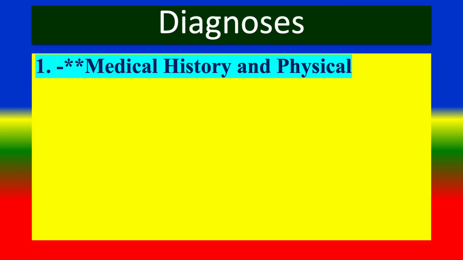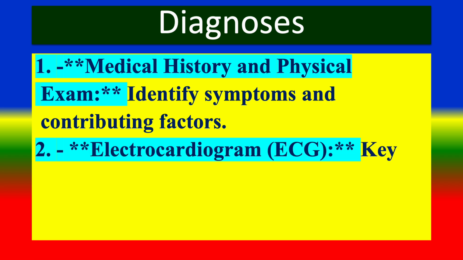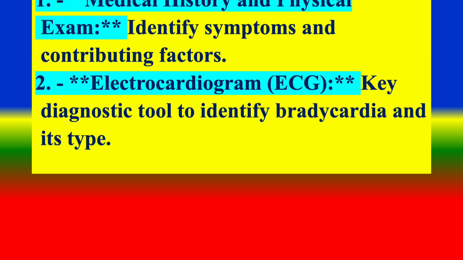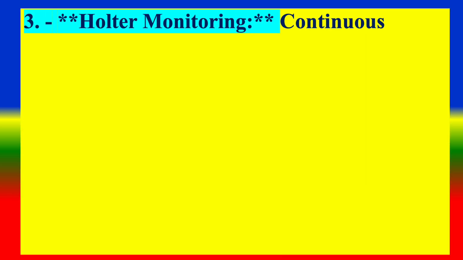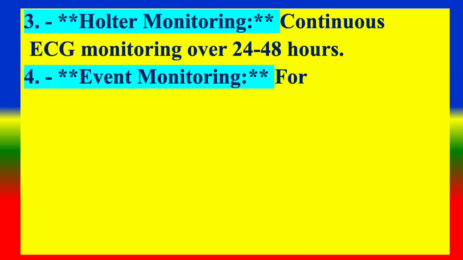Diagnosis: 1. Medical history and physical examination, identify symptoms and contributing factors. 2. Electrocardiogram (ECG), key diagnostic tool to identify bradycardia and its types. 3. Holter monitoring, continuous ECG monitoring over 24 to 48 hours. 4.